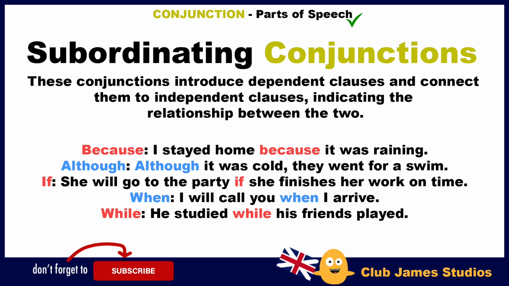Although: although it was cold, they went for a swim. If: she will go to the party if she finishes her work on time. When: I will call you when I arrive. While: he studied while his friends played.